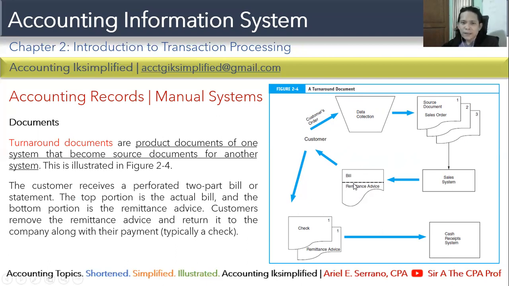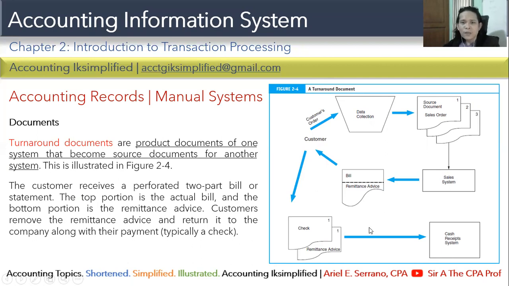meron yang perforated portion. Kasi yung top portion is only the actual bill. Yung second, the portion below the perforated line is what we call a remittance advice. And yung remittance advice, kasama po yan na ipinapadala sa customer, pero pag magbabayad na si customer ng cheque para doon sa kanyang in-order, kasama po yan, pinipilas po itong remittance advice.